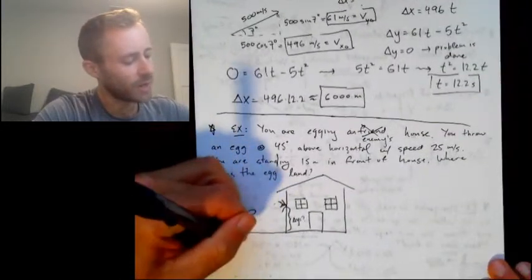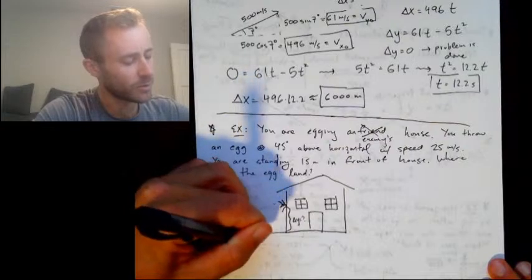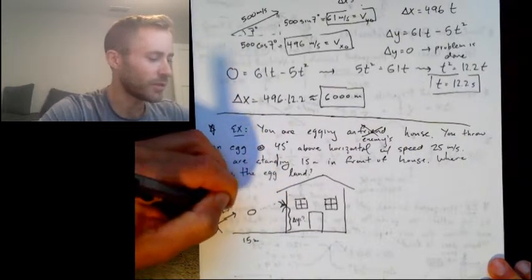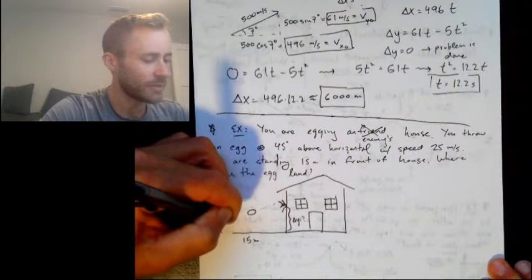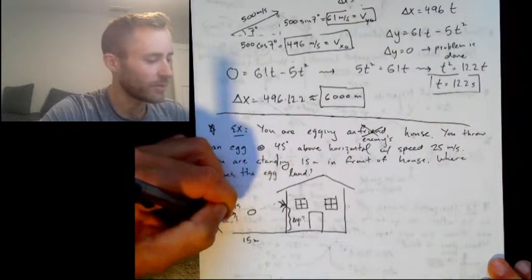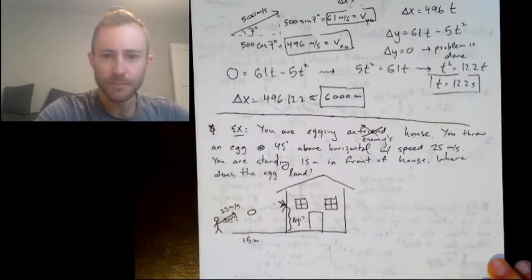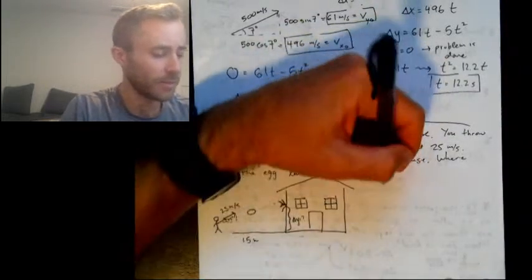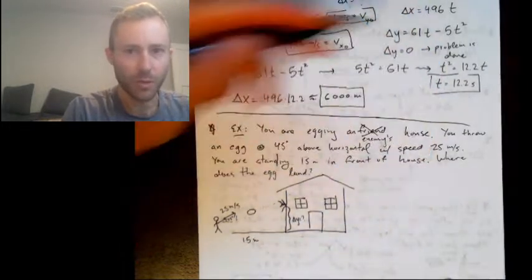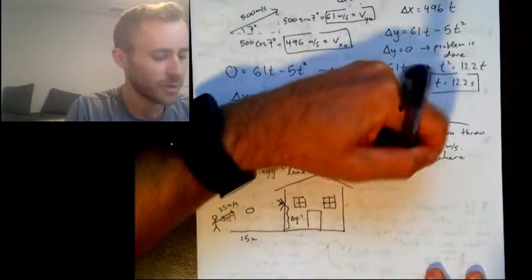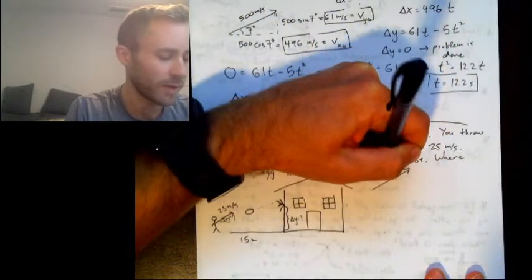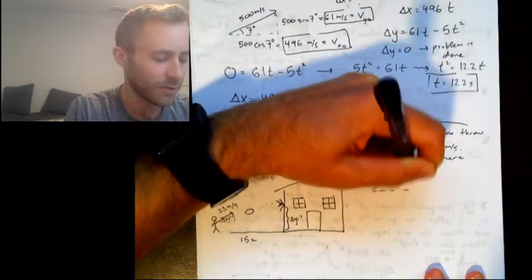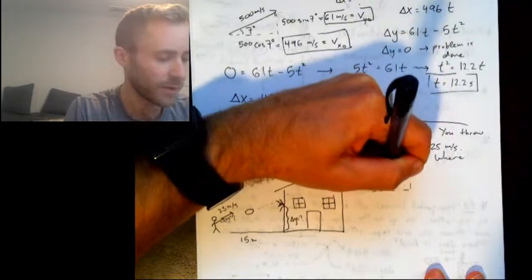The egg has to travel 15 meters horizontally, and it is launched at 25 meters per second at an angle of 45 degrees. Okay, so I'm going to just really quickly get the equations of projectile motion. So this is 25 meters per second at an angle of 45 degrees.